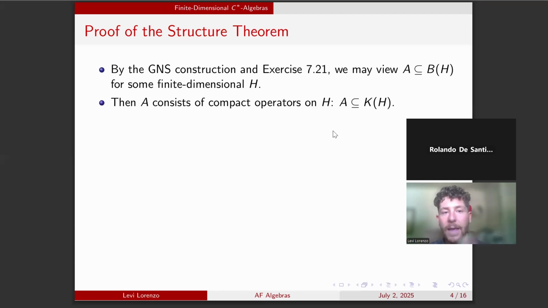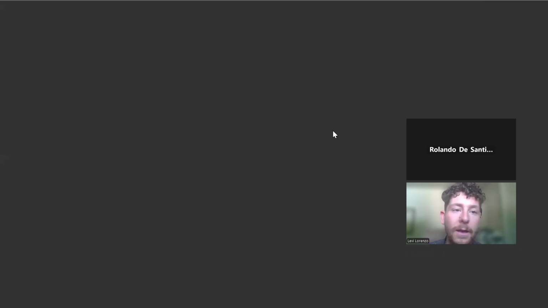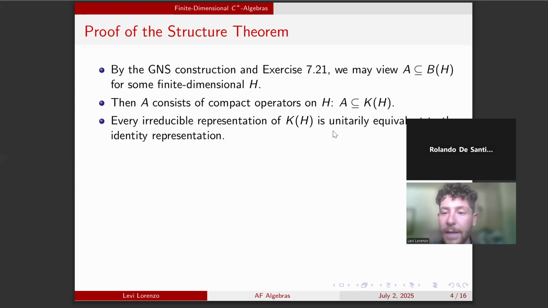Now, if we have operators acting on a finite dimensional Hilbert space, they are necessarily compact. And an exercise, I forget if it's in the notes or not, is that every irreducible representation of the compact operators is unitarily equivalent to the identity representation.